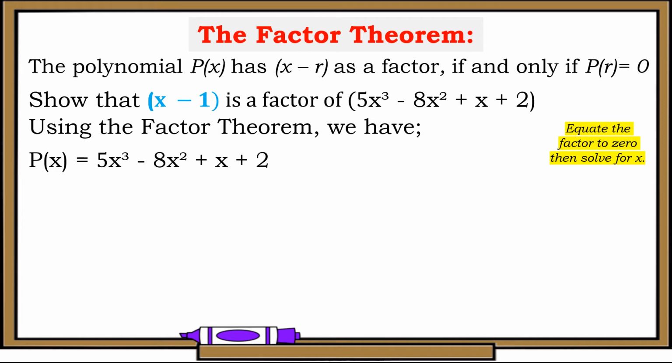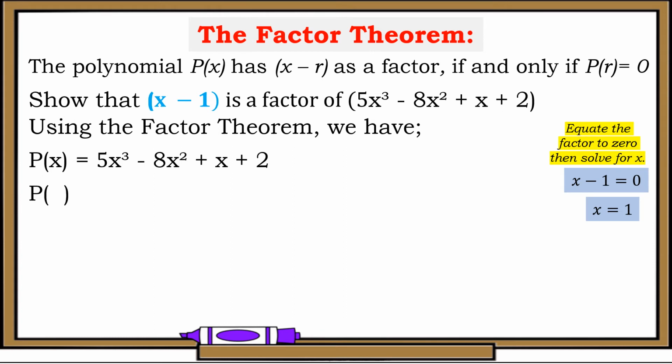Equate the factor to 0, then solve for x. Ano yung factor? X minus 1. Equate natin sa 0. So, nakuha natin, x is equal to 1. Next step, substitute the value of x here by 1. Kasi nakuha natin doon, x is equal to 1.